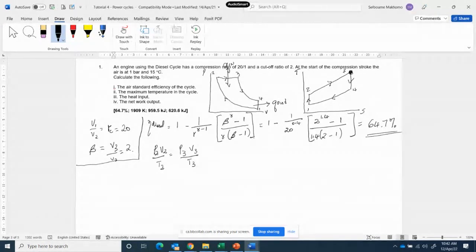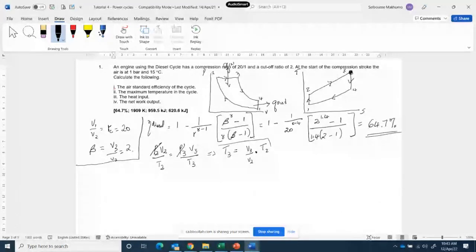So what else do we have here? We know that the pressure at 2 and the pressure at 3 are the same, constant pressure process. P2 is equal to P3, so they cancel each other. And then we can conclude and say T3 is equal to V3 over V2 multiplied by T2.